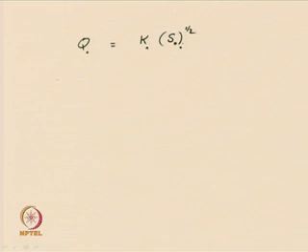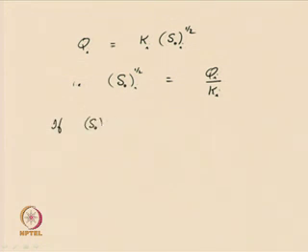So, that means the root of your bed slope of any ith section is equal to Q I by K I.